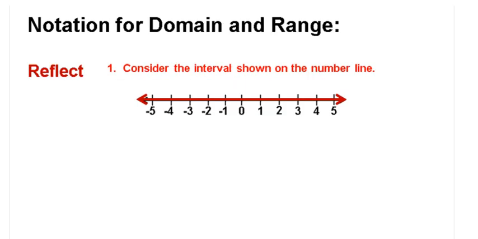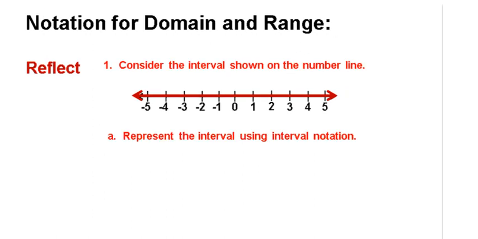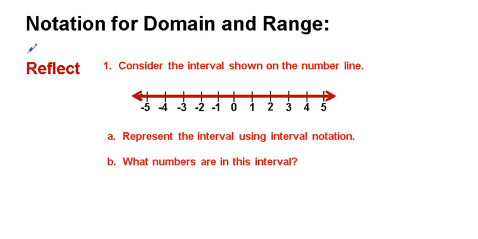Reflect. Consider the interval shown on the number line. So we have that interval. Looks like we're going for all real numbers. Represent the interval using interval notation. Well, again, it's one of the ones we looked at earlier. We have greater than negative infinity, comma, less than infinity. That's what that looks like. B, what numbers are in this interval?